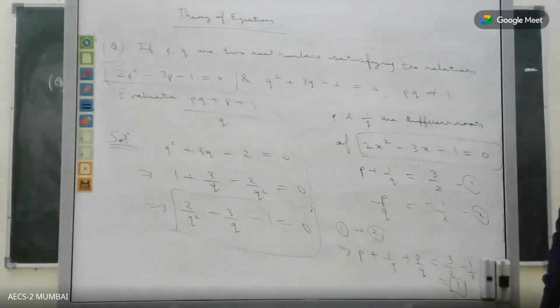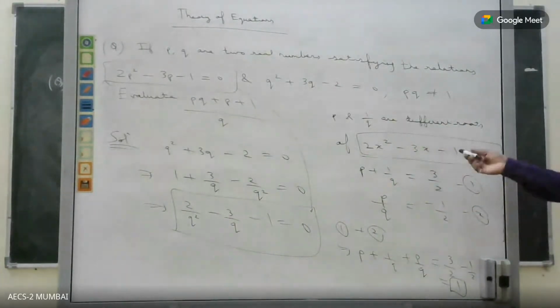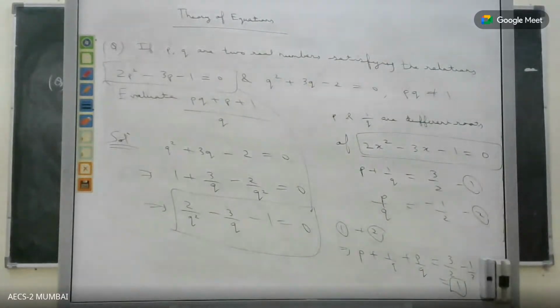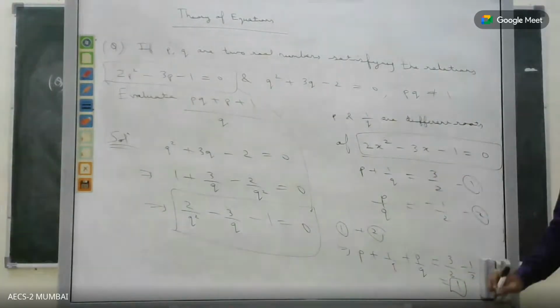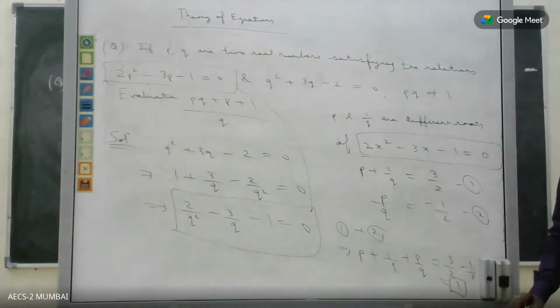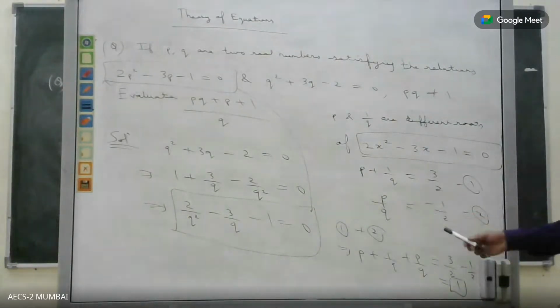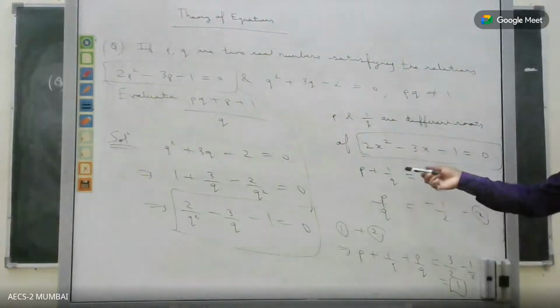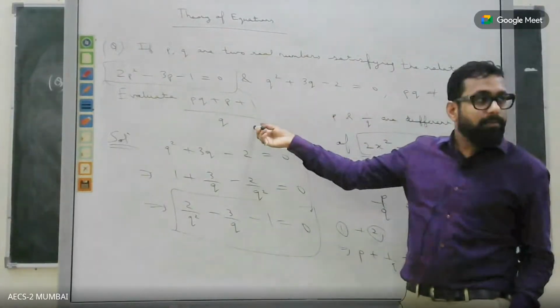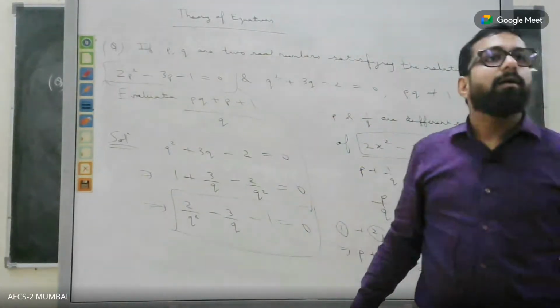Yes or no? Yes, sir. सम क्या होगा, 3 by 2. प्रोडक्ट क्या होगा, माइनस हाफ. ऐड कर दो, you get exactly what is required. Okay, is it clear?